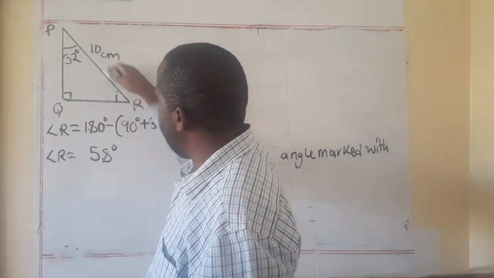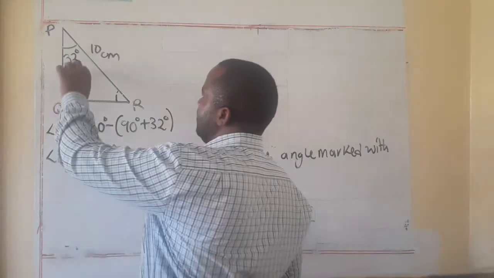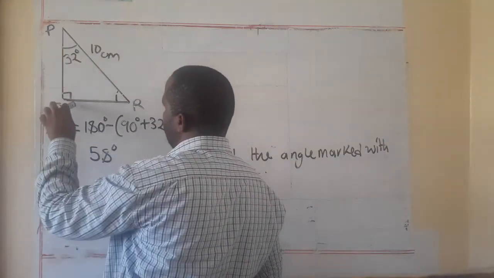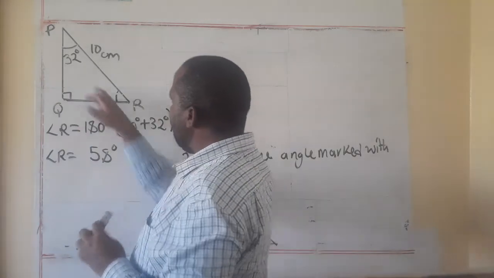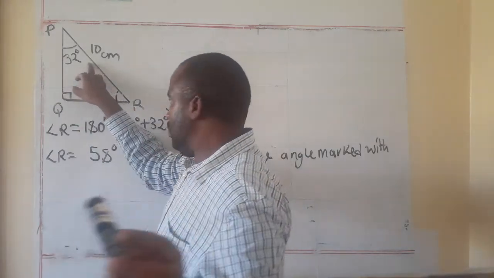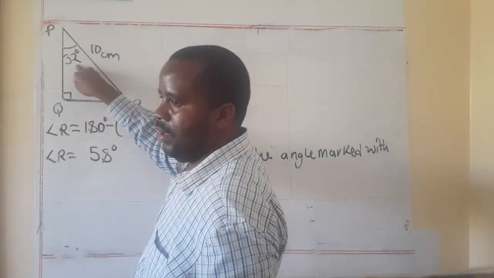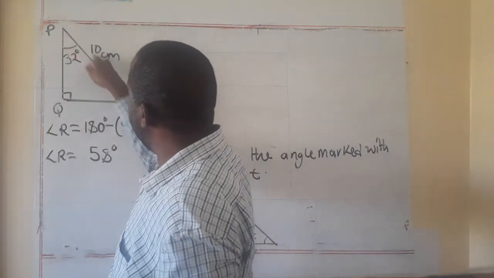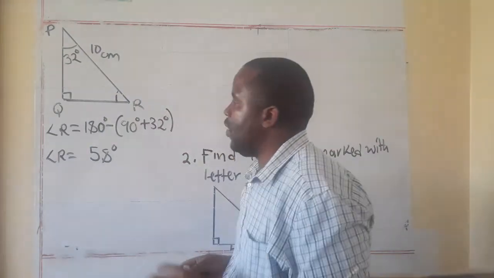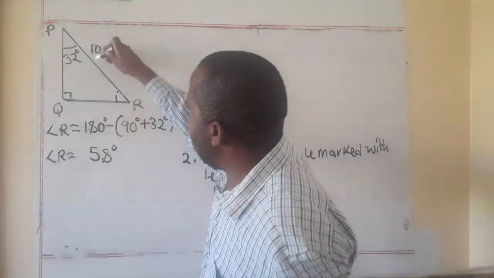Of course, we have a hypotenuse here. So if my interest is to use 32 and I want to have this one, if this is your reference angle, which is 32, and you want to get QR, it means QR is opposite to this one. And what do we have? Hypotenuse. So I want where I have opposite and hypotenuse.